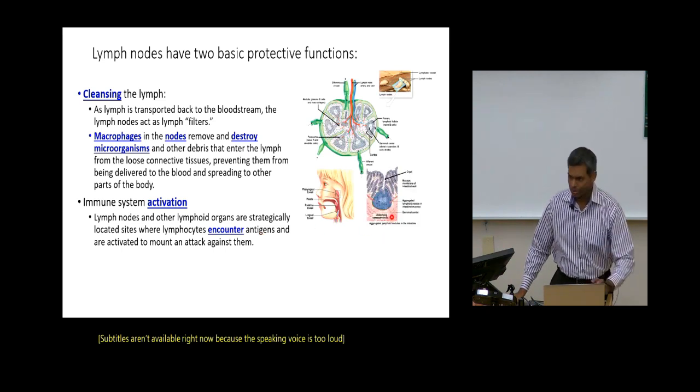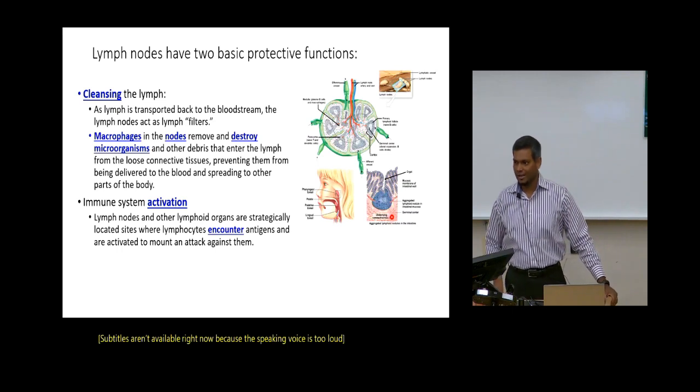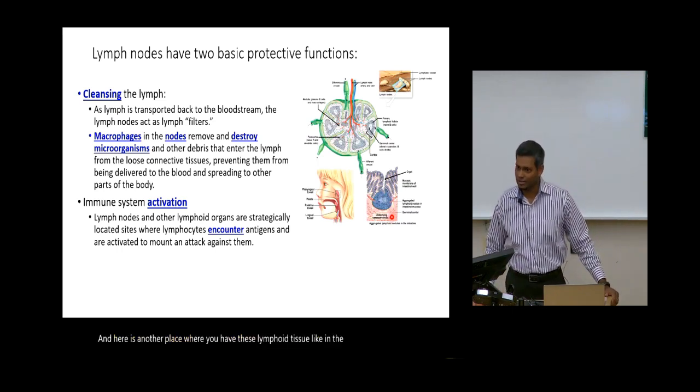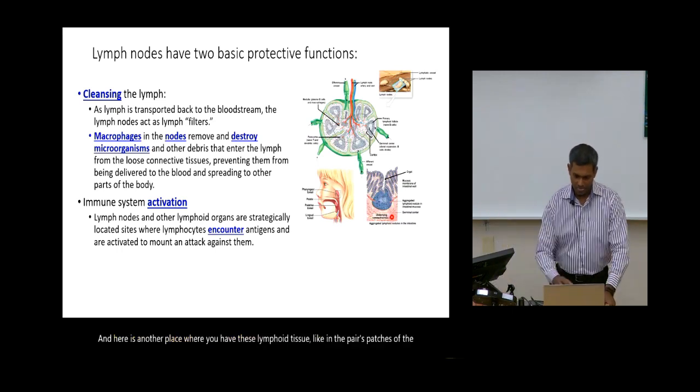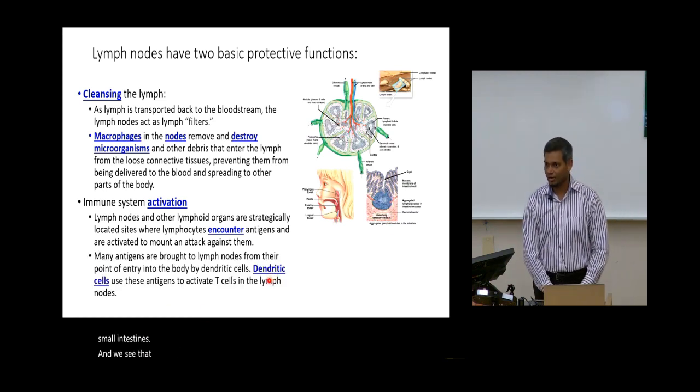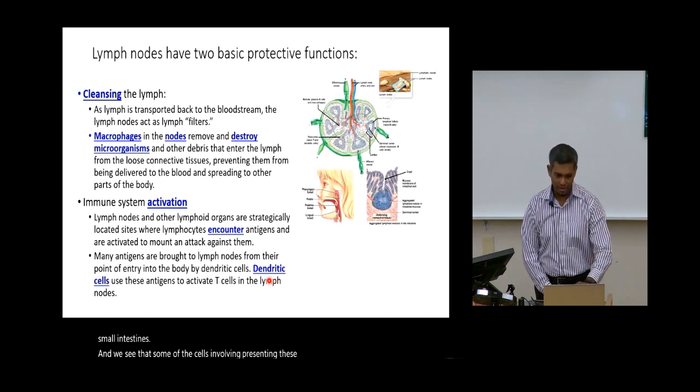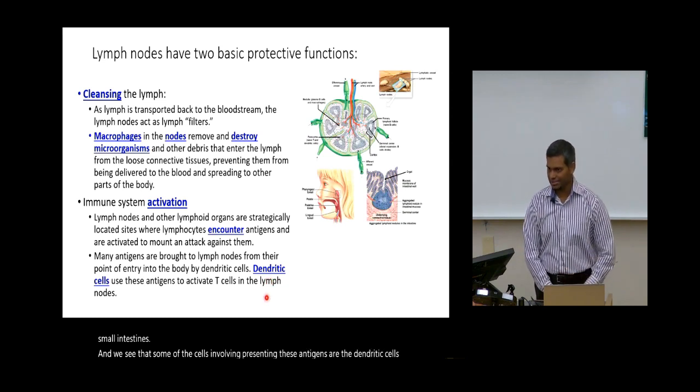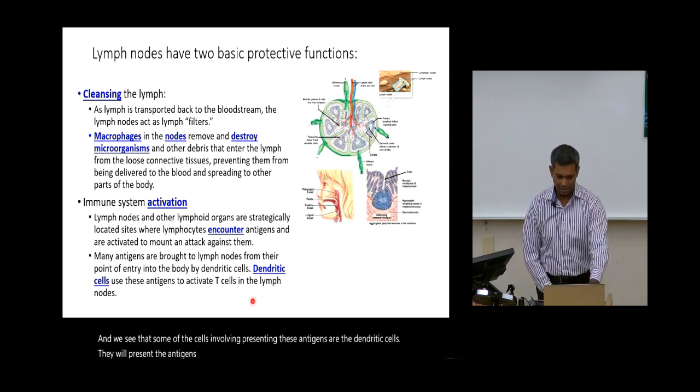And here's another place where you have this lymphoid tissue, like in the Peyer's patches of the small intestines. And we see that some of the cells involved in presenting these antigens are the dendritic cells. They will present the antigens to activate the T cells in the lymph nodes.